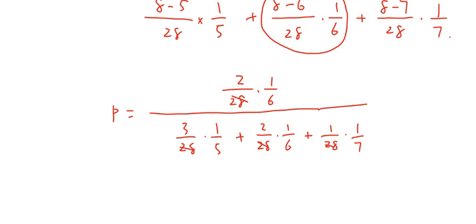Then just do some calculation and simplify. Here it is just 2 over 6, and this is 3 over 5, and for this one, 1 over 7. Then just calculate here.